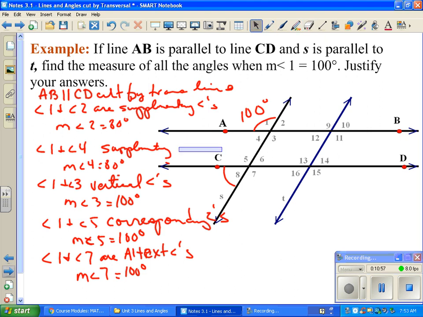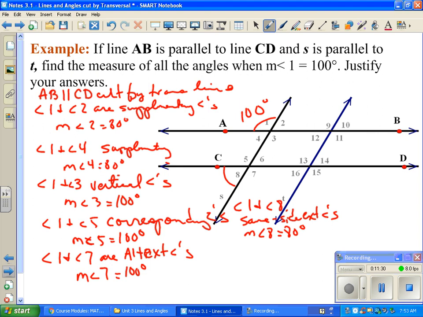And so therefore, that makes them same side exterior angles. So angle 1 and angle 8 are same side exterior angles. And so the measure of angle 8 has to be 80 to go with the 100 to make it add up to 180, because same sides always make 180.